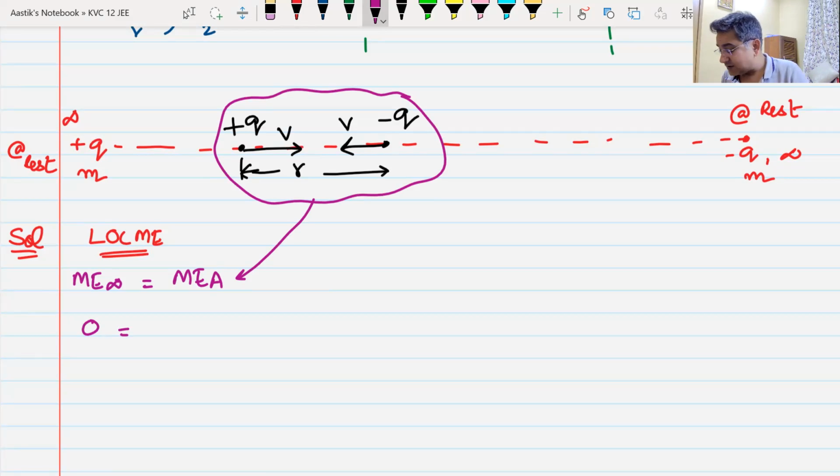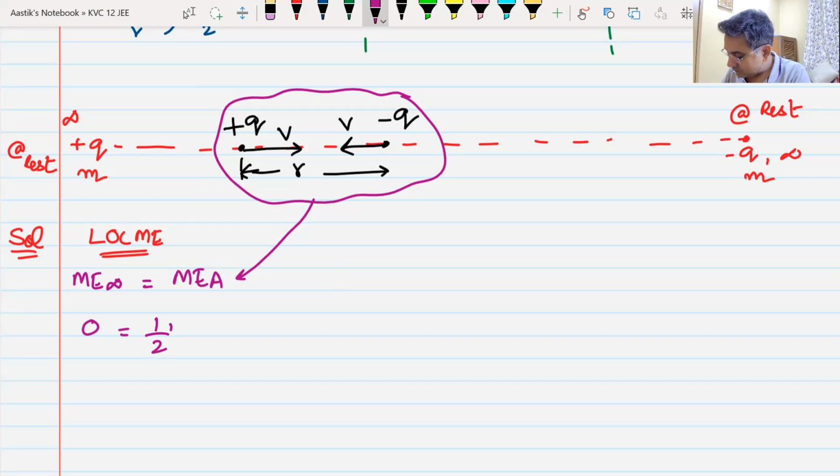Now when they come at a distance, yes, V square is equal to 2kq square by mr. Same answer. Change nothing in this. This gentleman charge is also moving. You've forgotten this. So the mechanical energy when both the charges are at infinity is 0. Now when they come to this point, both are moving.